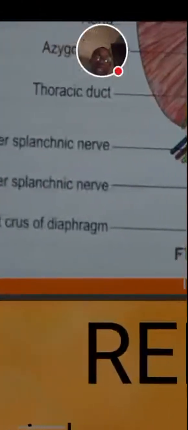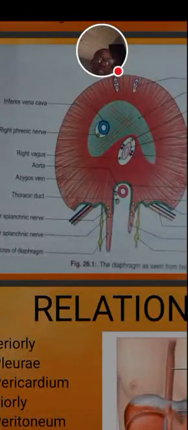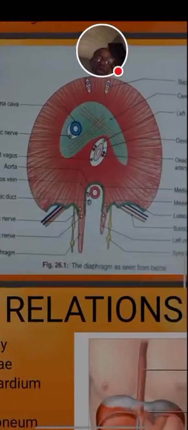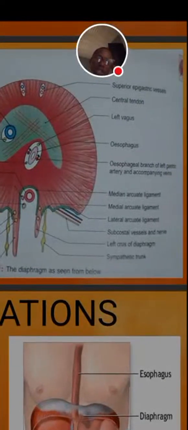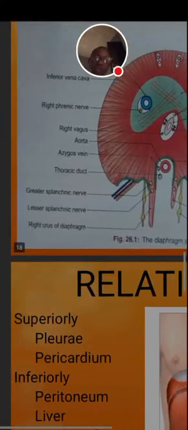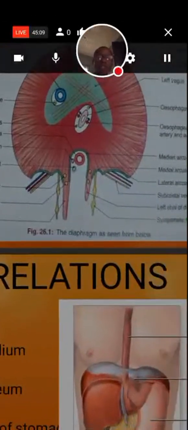You can see the greater and lesser splanchnic nerve that pierces the diaphragm, giving a minor opening. You see the vena cava opening, major opening. You see the esophageal opening, major opening. You see the aorta, major opening. All right. So these are some of the things you take note of.